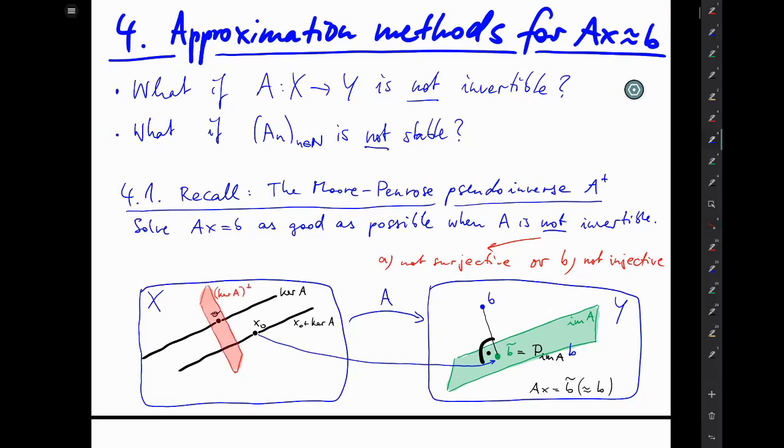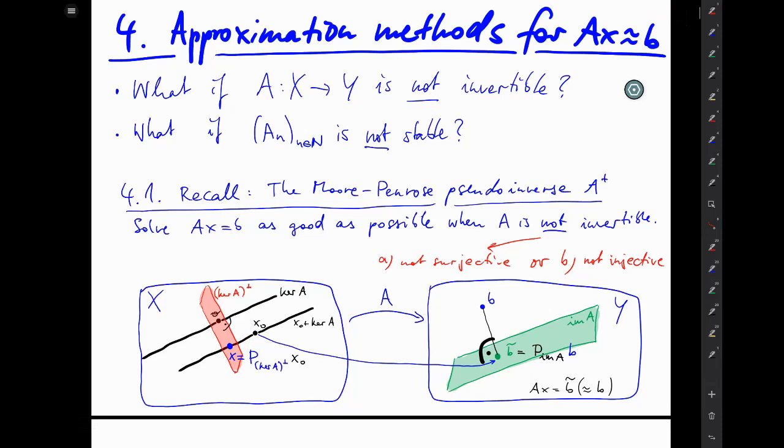And you find this solution x at the point where the orthogonal complement of the kernel intersects your set of solutions. And another way to phrase this is you just say you take your particular solution x0 and project it orthogonally onto the orthogonal complement of the kernel.